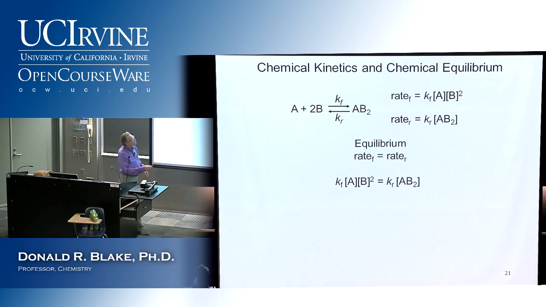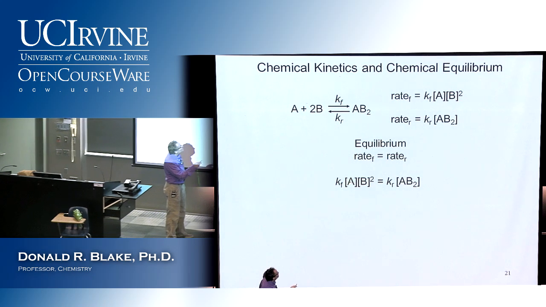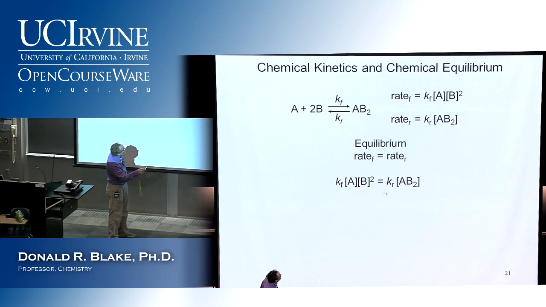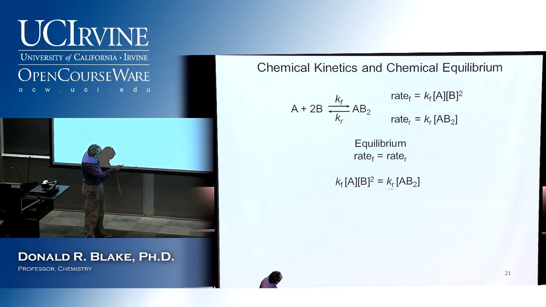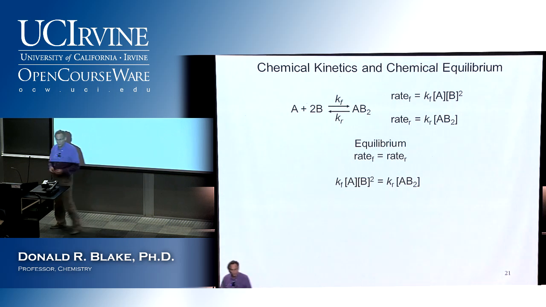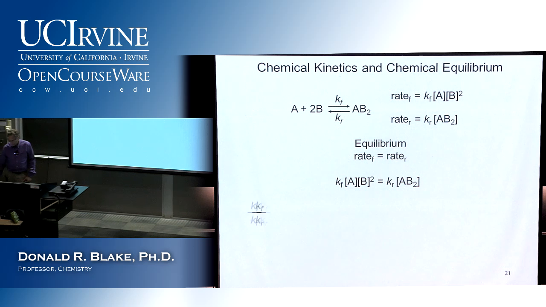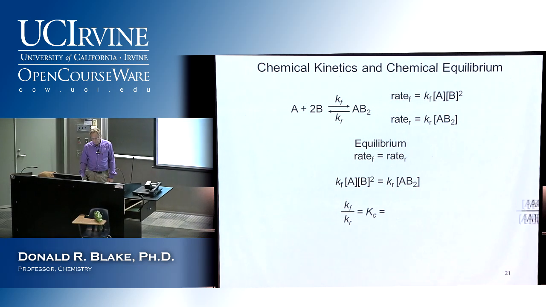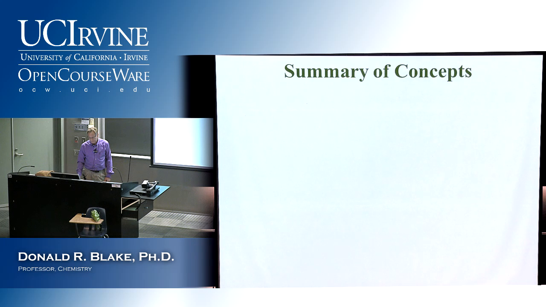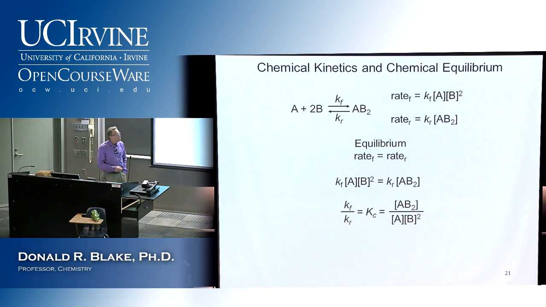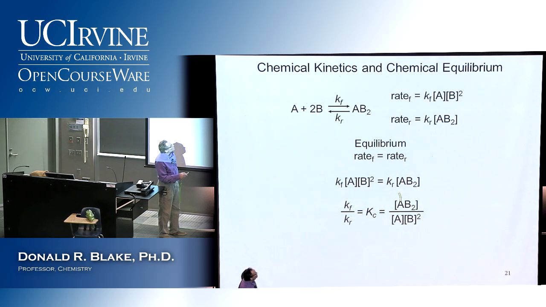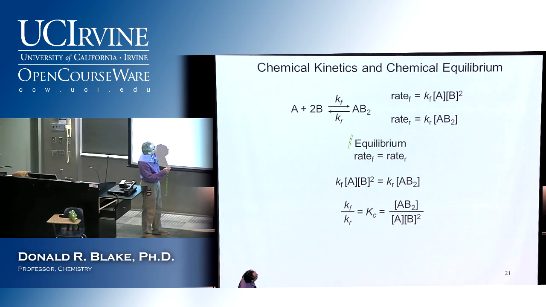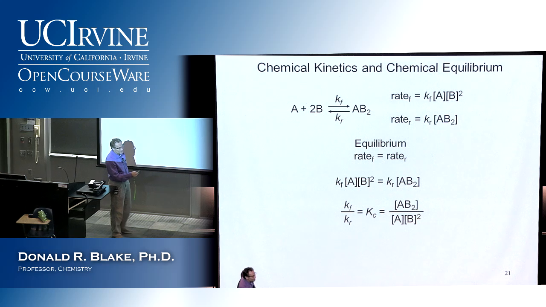And we can say the same thing here. k sub f times this, the reactant side, is equal to k reverse times this, the product side. So k forward over k reverse is equal to K sub C, and that, once again, is the products over the reactants.